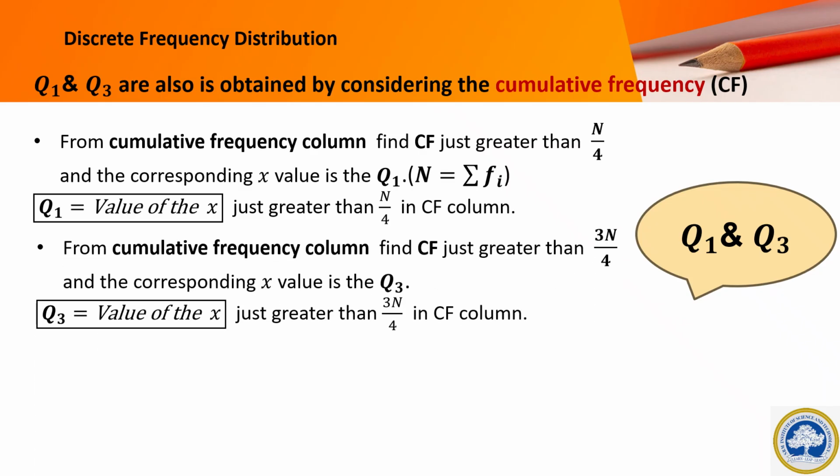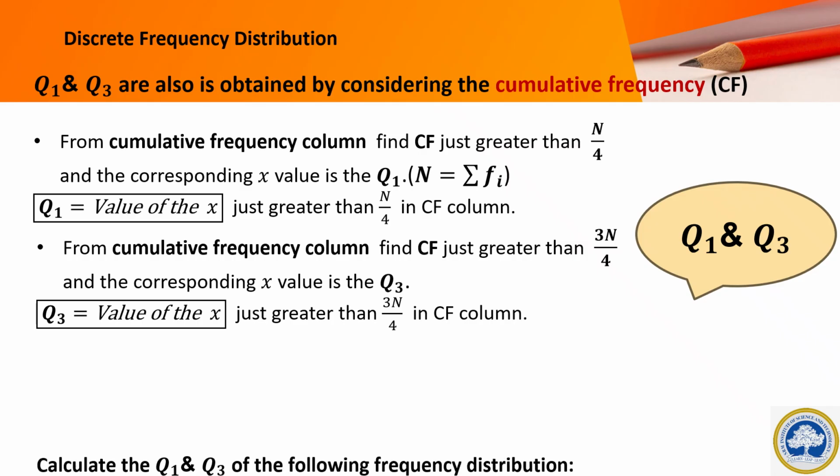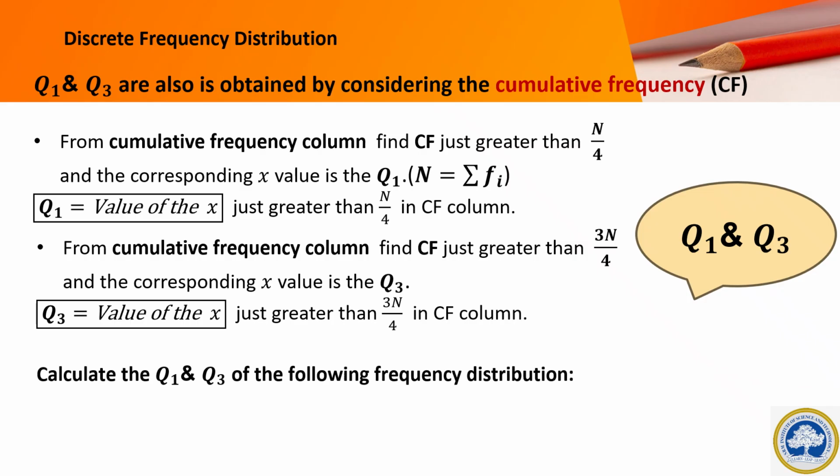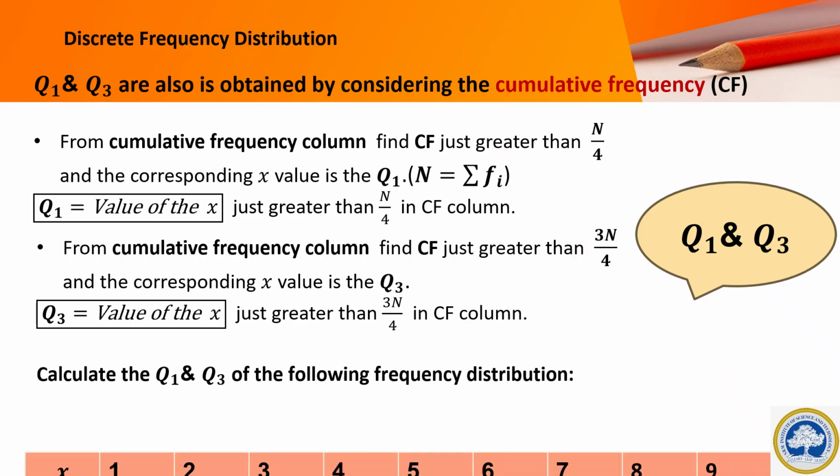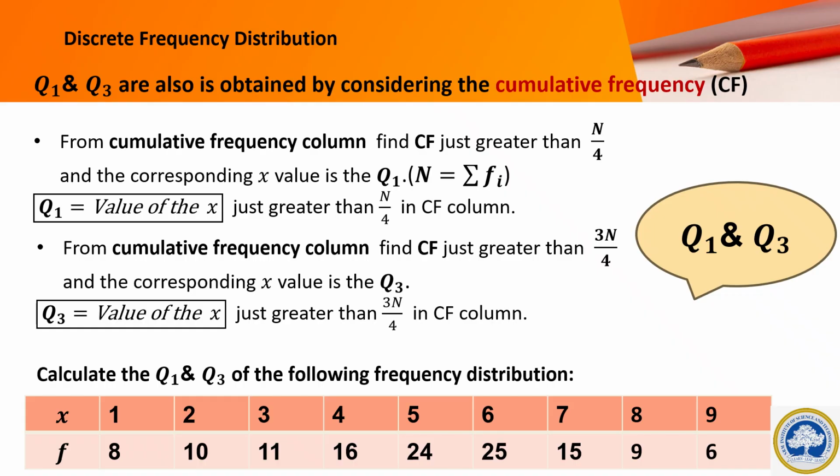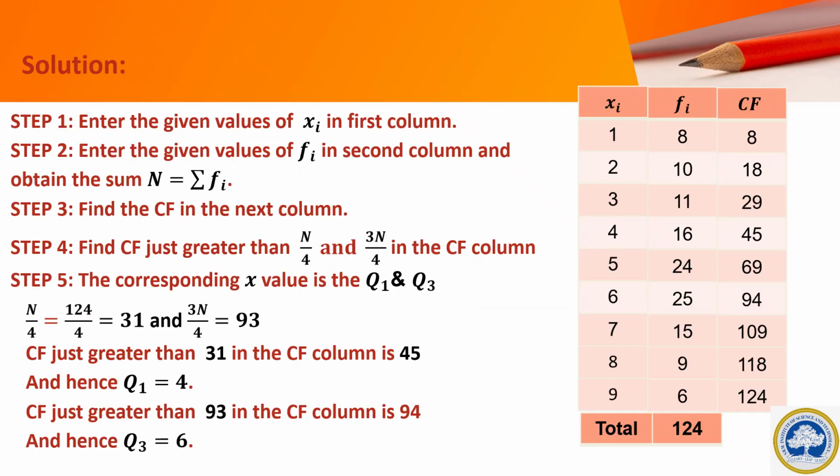Similarly, for finding the third quartile, we find the cumulative frequency value just greater than 3N by 4, and the corresponding x value is Q3. Now we will see an example to calculate Q1 and Q3 for a discrete frequency distribution.